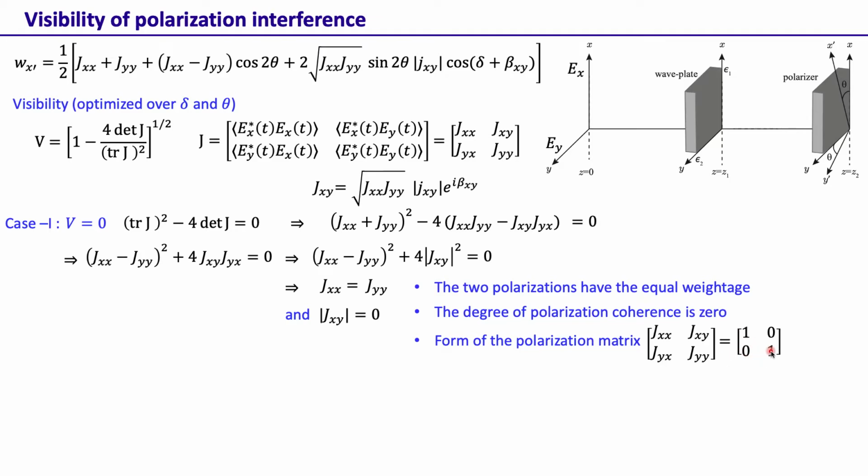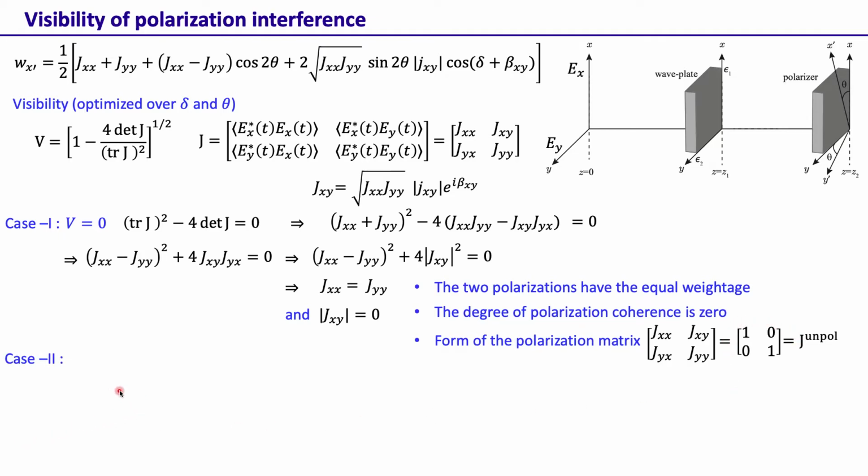So this is basically the unit density matrix. The form of the polarization matrix is pretty much this unit matrix, and this we call J unpolarized. This is unpolarized light that has this kind of form.